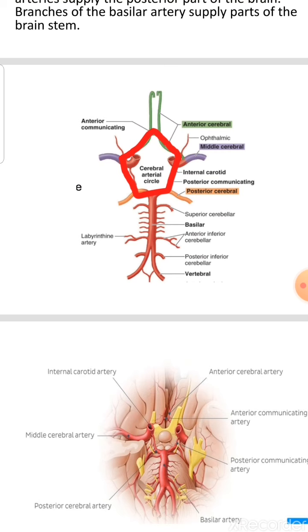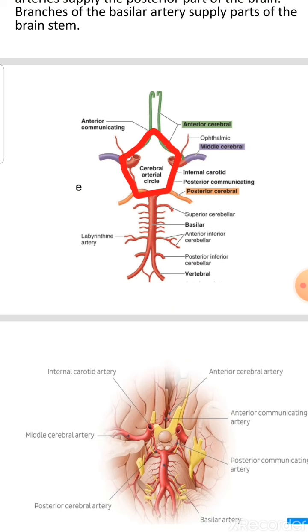Okay, then the basilar artery runs upwards in the midline, giving off various branches. The short branches that you can see are the five short branches. These are the pontine branches. The superior cerebellar and anterior inferior cerebellar arteries are also branches of the basilar artery.